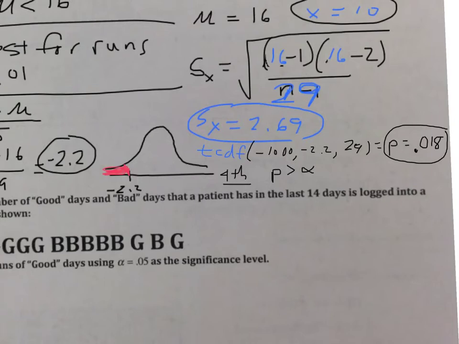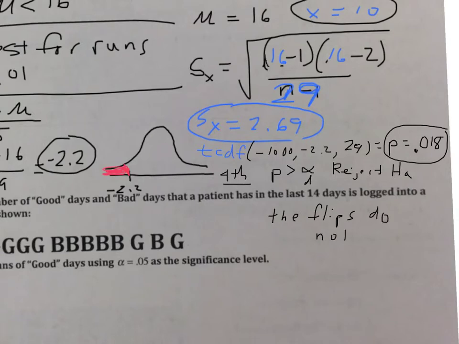So the conclusion is fail to reject the Ha. And you would say that this does not show. So the conclusion is the flips, even though we got some streaks involved, the flips do not show streaky behavior.